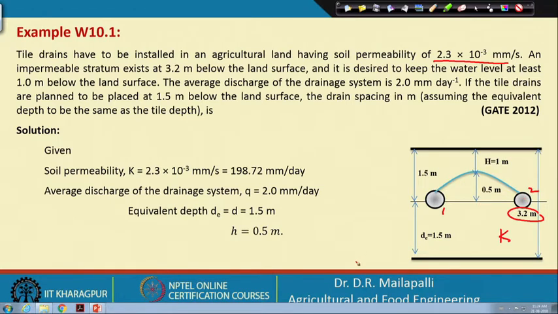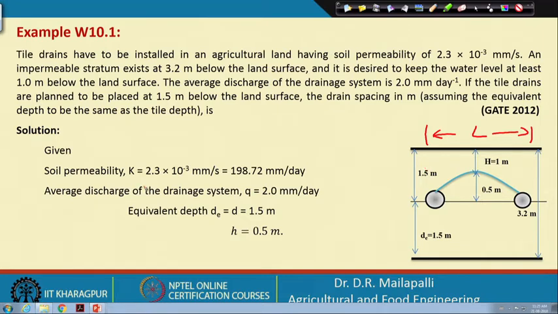Okay. And then we are expecting the water table 1 meter below the soil surface, and the drain base depth is 1.5 meter from the surface. Okay. And then the other information given is Q equal to 2 mm per day. So, this is what we are expecting from the tile drains. So, in this case, what would be the spacing? Okay. So, that is the problem here.